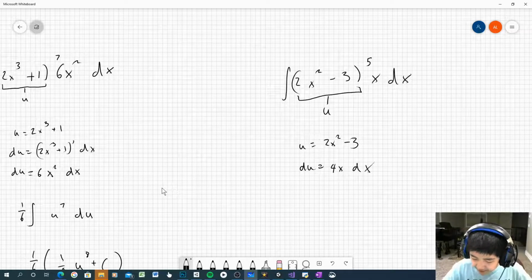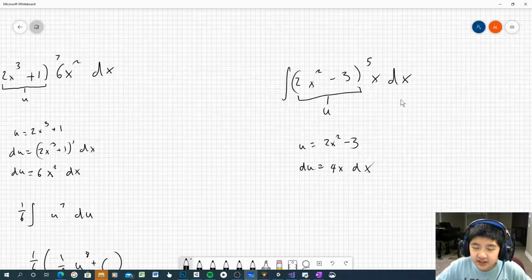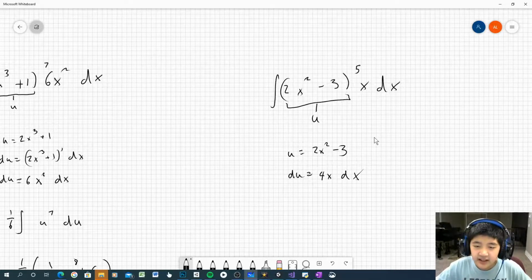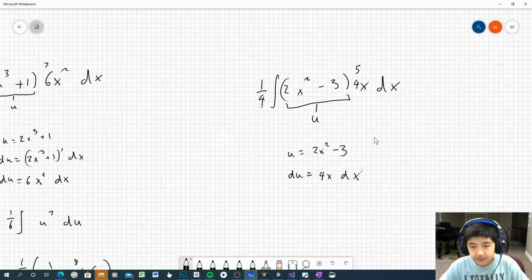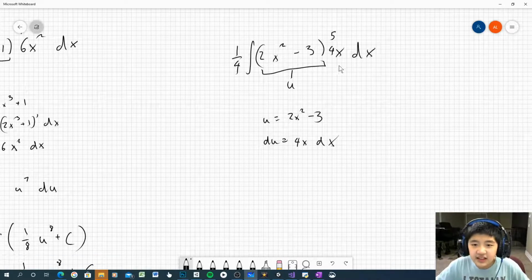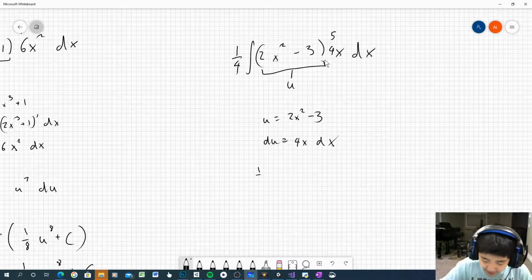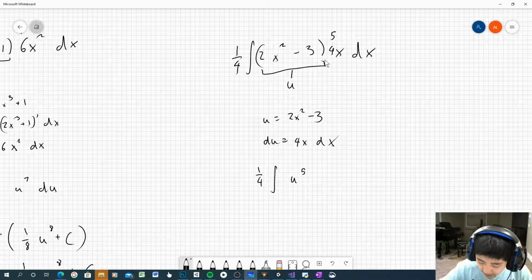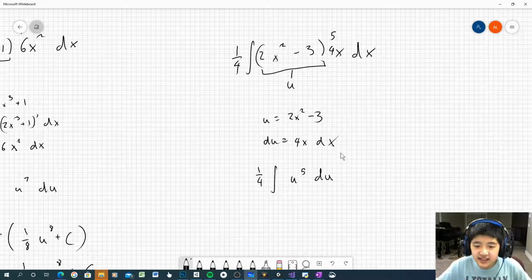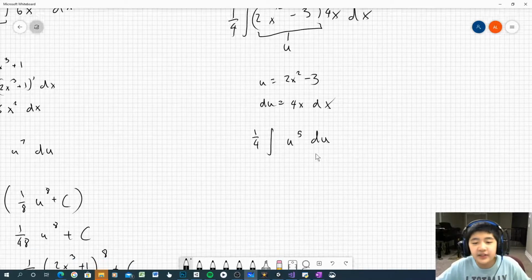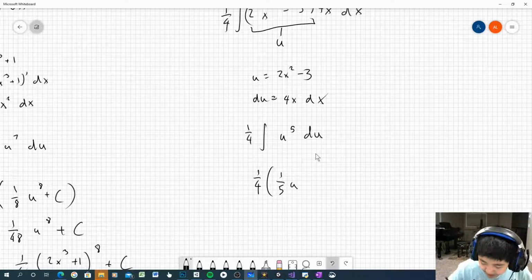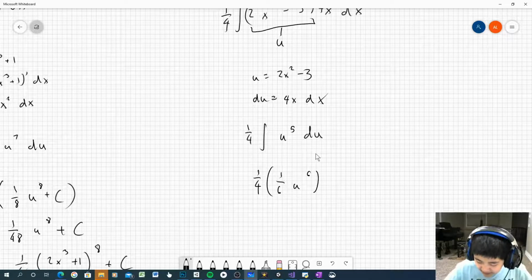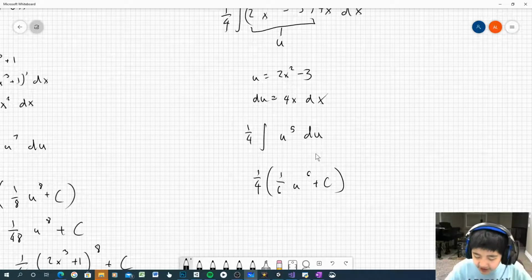Now we have to find a method to turn this x times dx into 4x dx. Remember that we can just place a 4 here, but we have to compensate over here. Then turn this into du and this into u: u to the power of 5 times du. Since everything is expressed in u, we can solve it like a normal integral. 1 over 4, and 1 over 6, not 1 over 5, u to the power of 6, plus c because it is an indefinite integral.